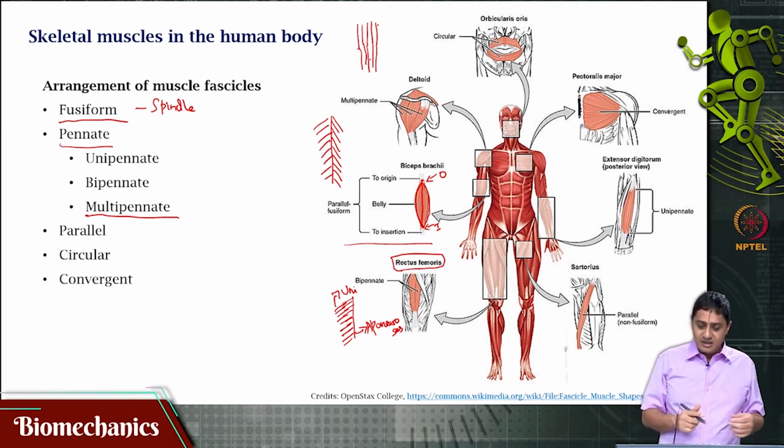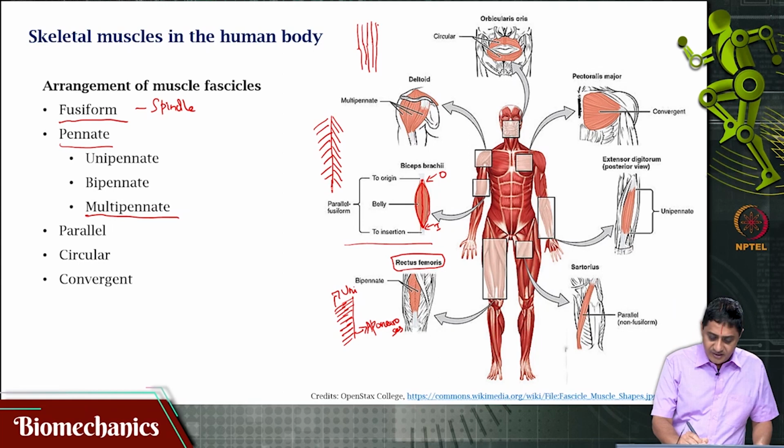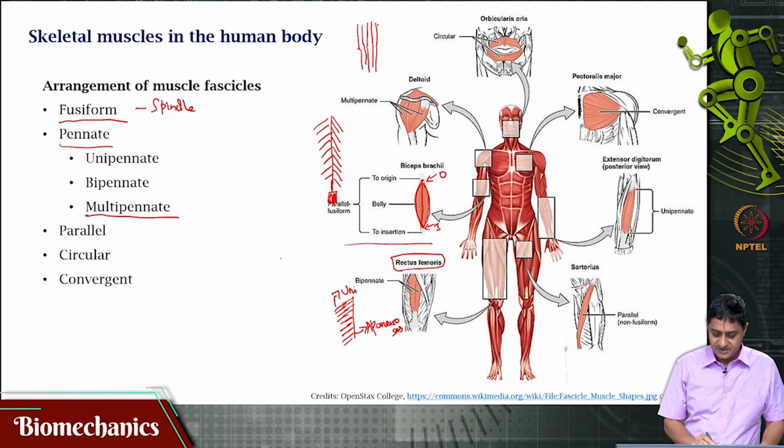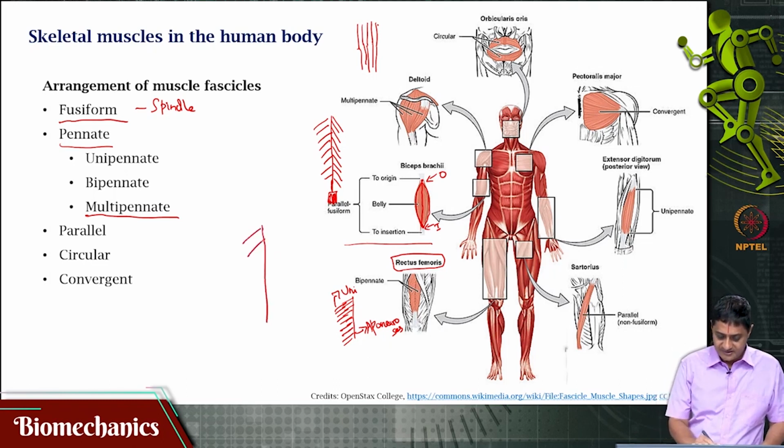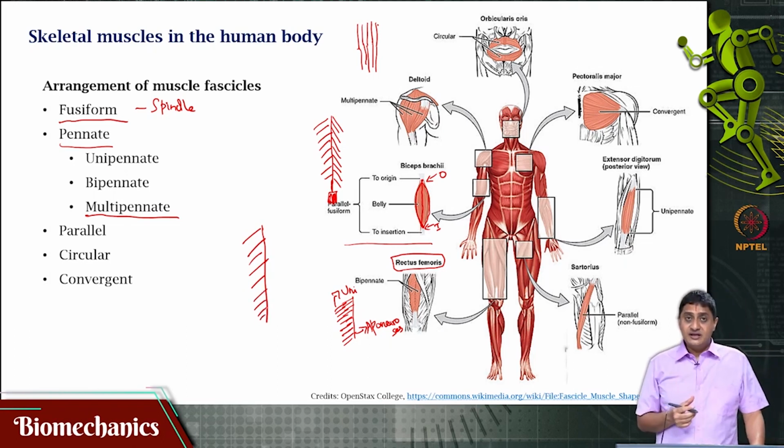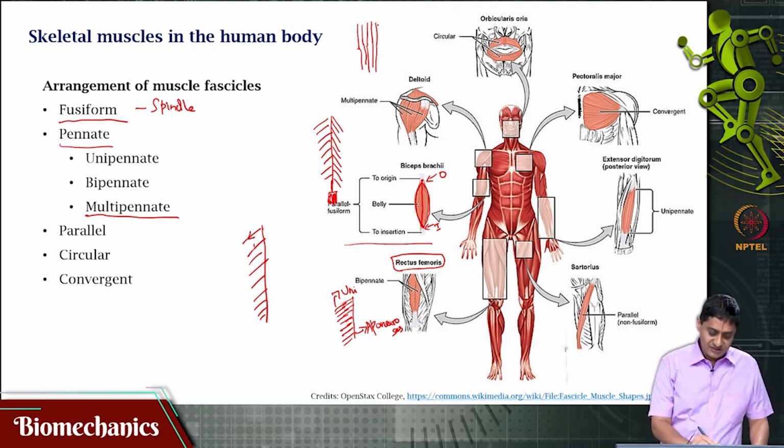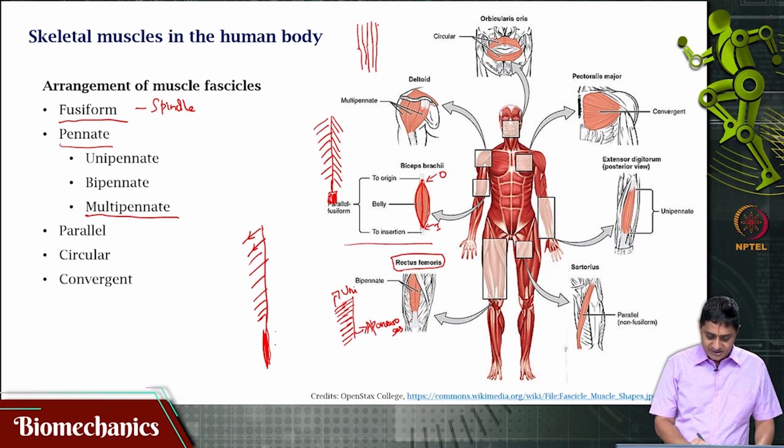But in a pennate muscle, because the internal tendon is attaching to the external tendon in this direction, for example, let us consider a unipennate muscle. This is the unipennate muscle. Force is produced in a fiber along its axis. In other words, this is the direction in which force will be produced in the fiber. The vertical line that I have drawn is the internal tendon, and this attaches to the external tendon here, for example. Force felt at the external tendon is in this direction.